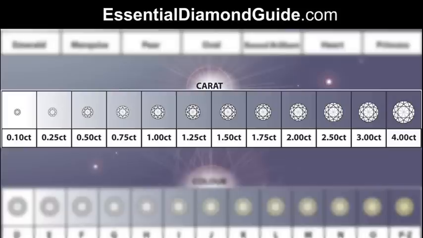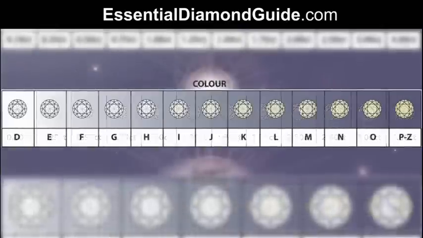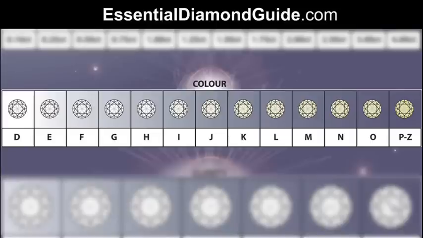Now this next section of our diamond chart is colour. Now there's a fair bit of confusion about this in terms of people thinking that they have to get a D or E colour diamond in order for it to be white. An F or G colour diamond is still a very beautiful white diamond.